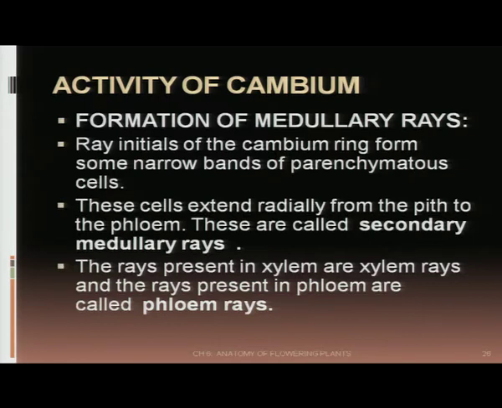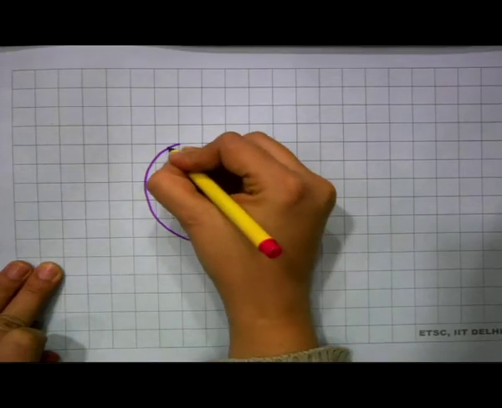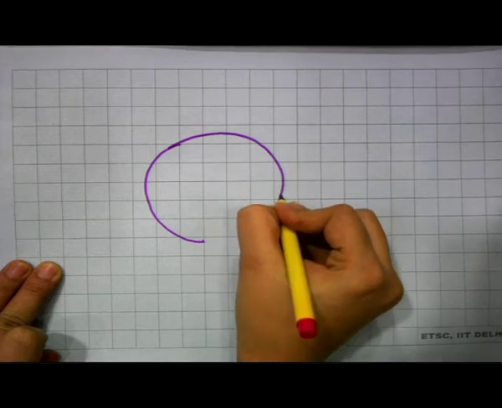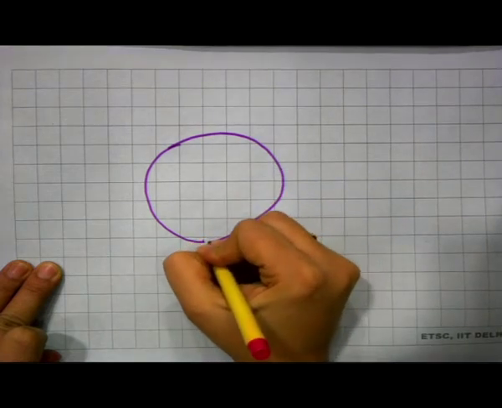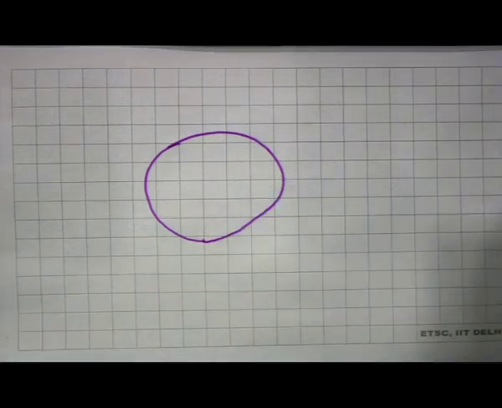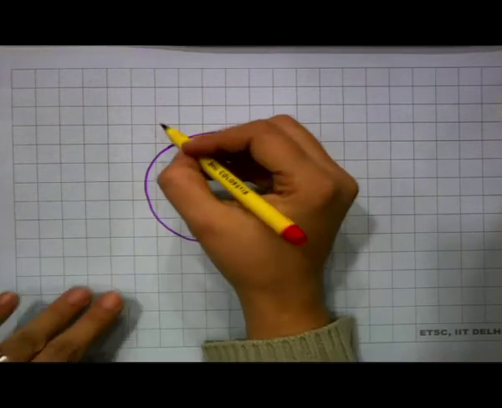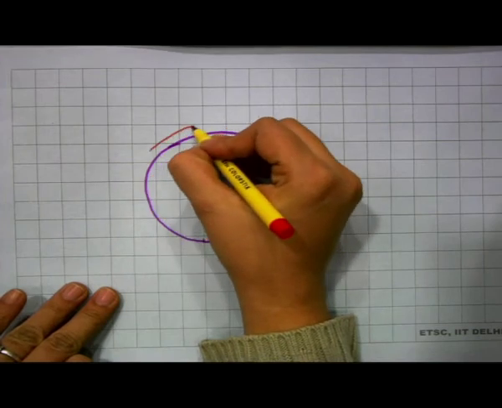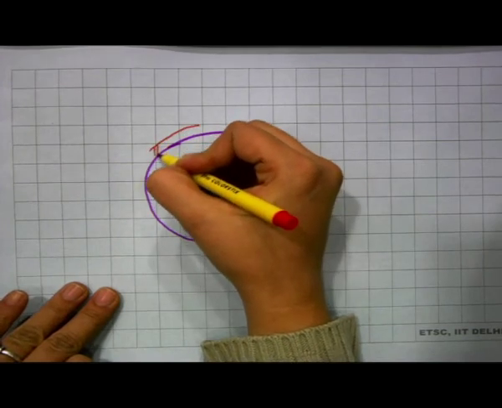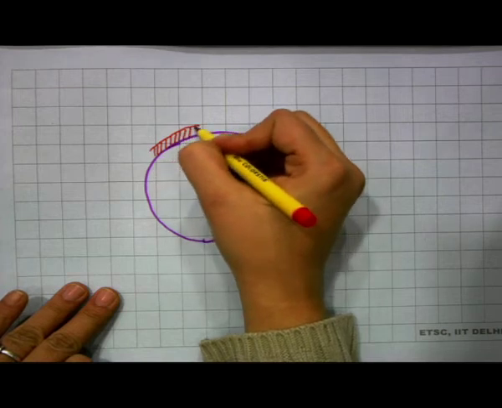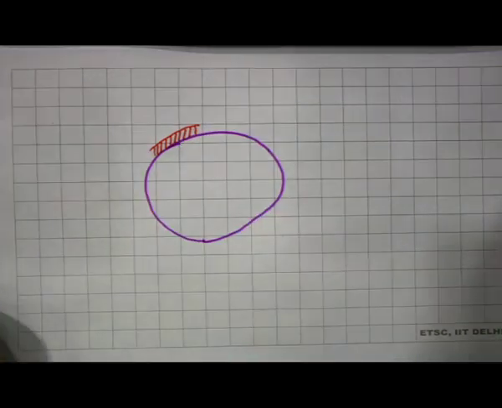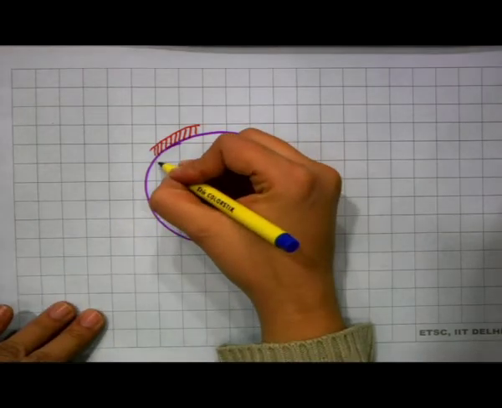Let us draw a portion of the stem again. Suppose this is the cambial ring which is producing the secondary phloem on the outside and a lot of secondary xylem on the inside.